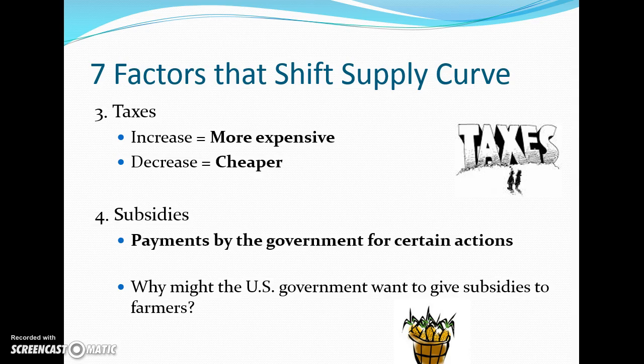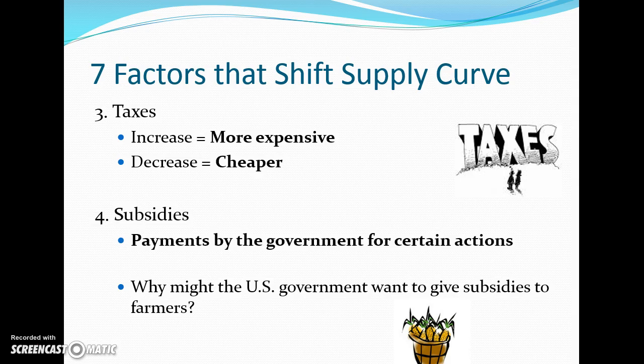Subsidies are when the government pays you to do certain things. So, for instance, maybe it's not cost effective. Farm subsidies are the big ones.